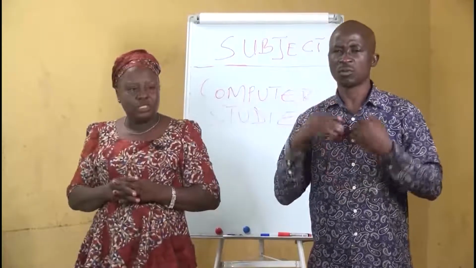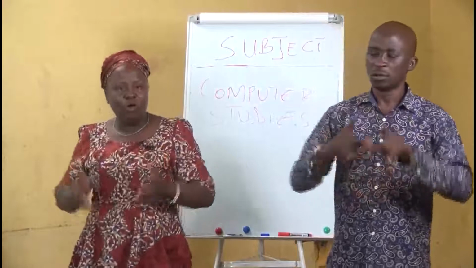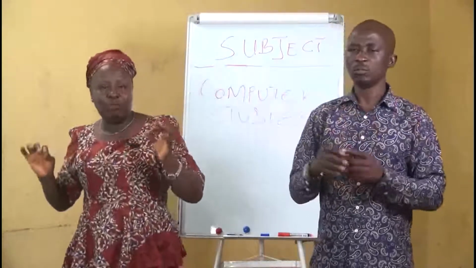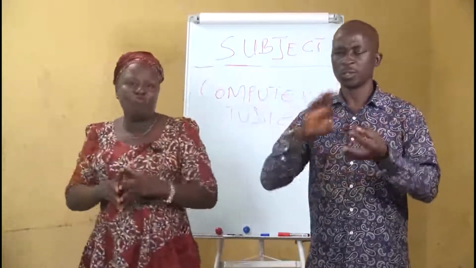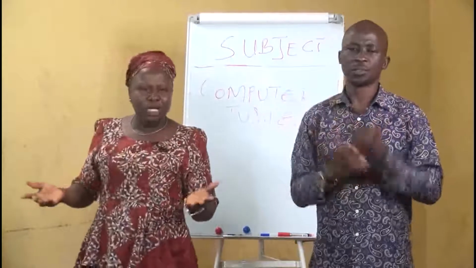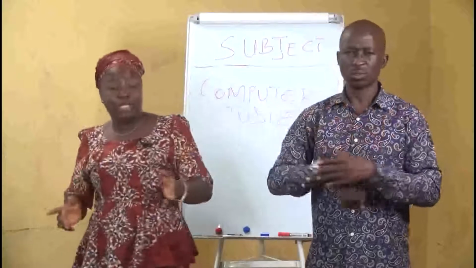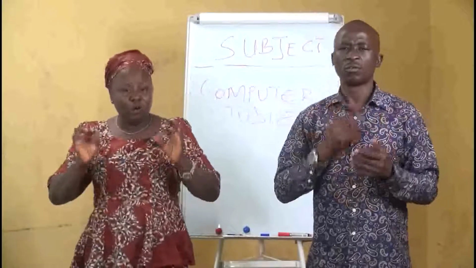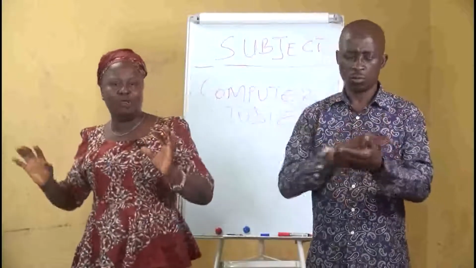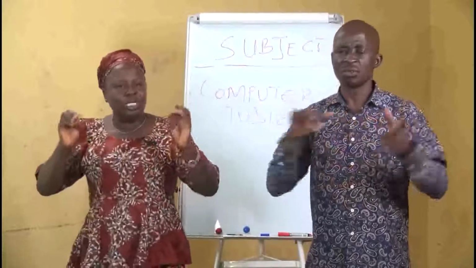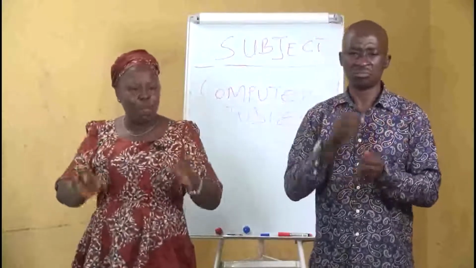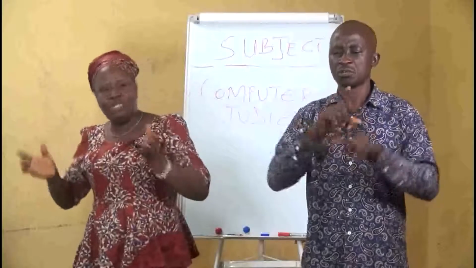Now, language translator, which is the last type of system software that we have. When you are talking of language, I believe you understand. All of us know quite well that a computer only understands a particular language, which is the language of binary, meaning 1 and 0.